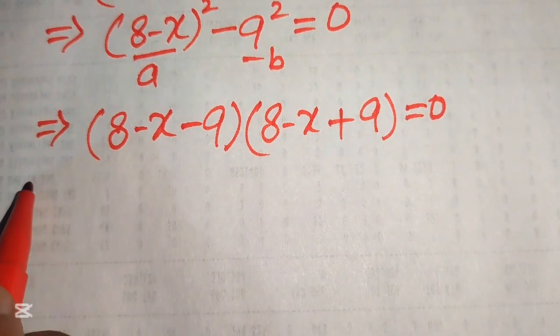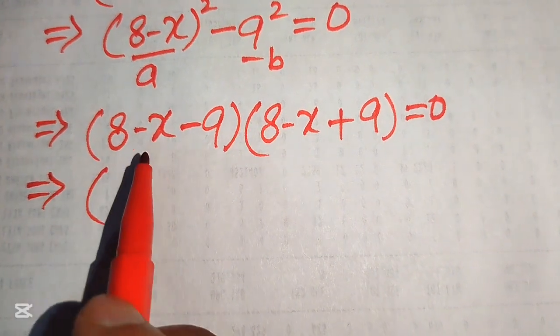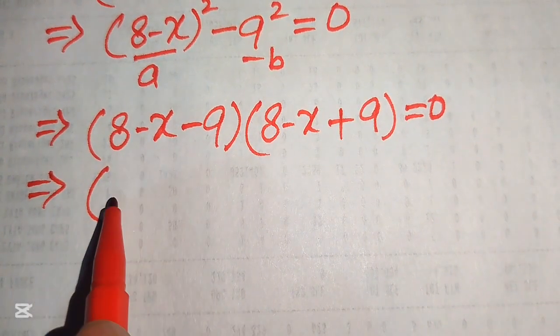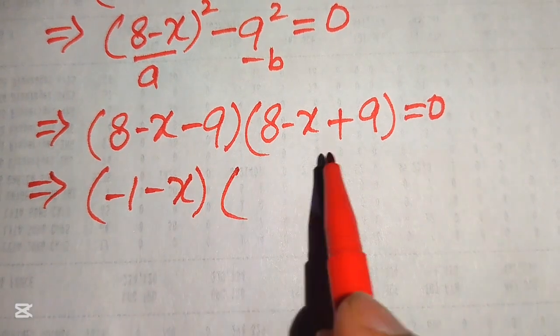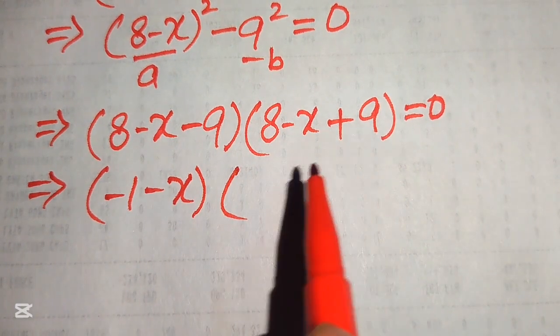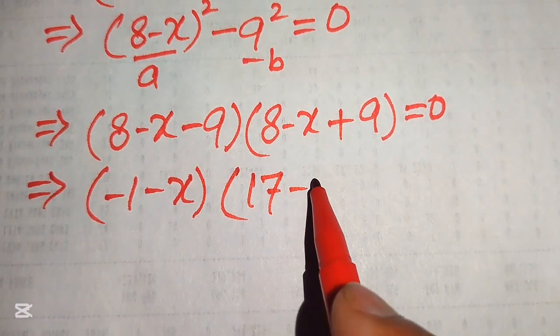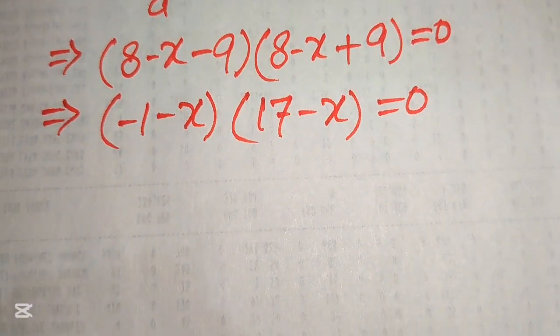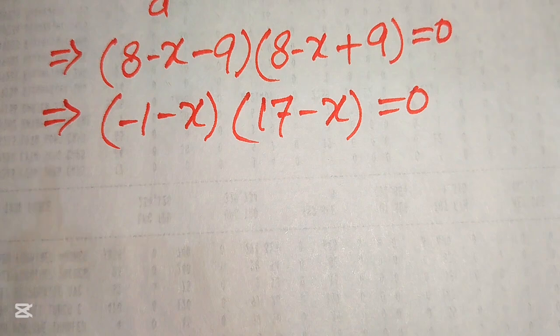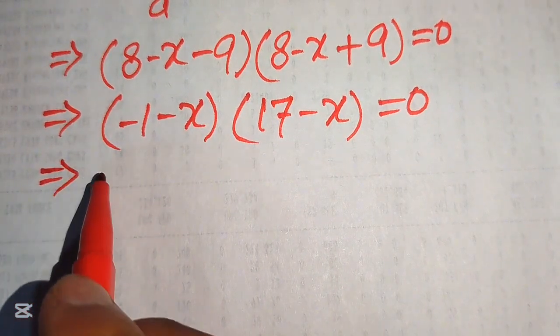Here we need a little bit of simplification: 8 − 9 equals −1, so we have −1 − x, and 8 + 9 becomes 17, so 17 − x, and this whole product equals 0. Now we divide this equation into two cases.